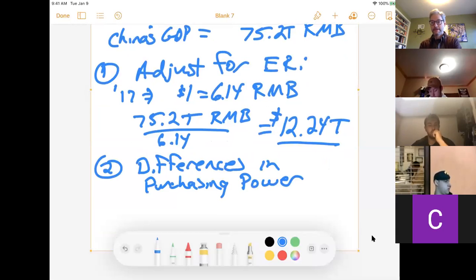And what do I mean by this? $1 in China will buy you more than $1 in the United States. So if I have $12 trillion of purchasing power in China, I'm really going to have a higher standard of living in China than I do in the United States.